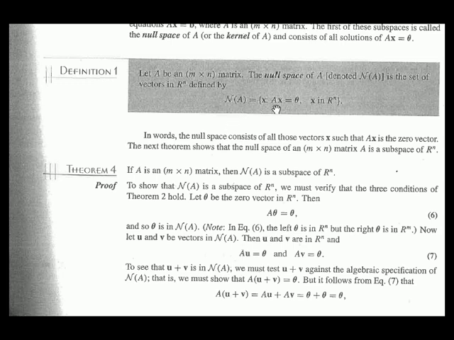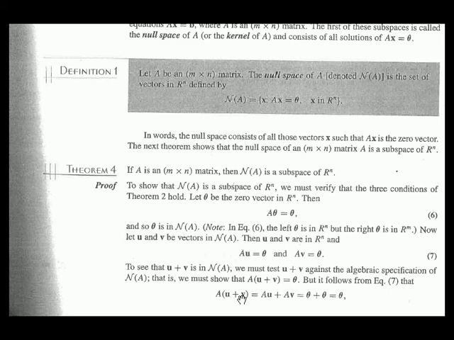Another important example of a subspace is the null space of a matrix A. That's the set of all vectors such that Ax equals the zero vector. It's the set of solutions to Ax equals 0, and that's always a subspace for any matrix A, square or not, because you take any vector in the null space and any other vector in the null space, and add them together. Let's say u and v are both in the null space. That means that Au is 0 and Av is 0.